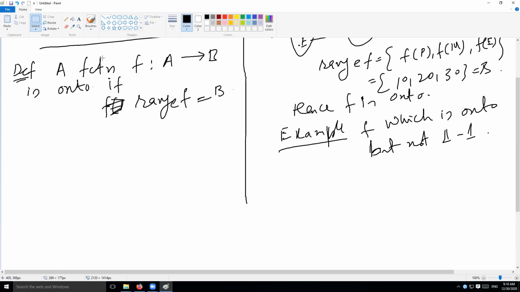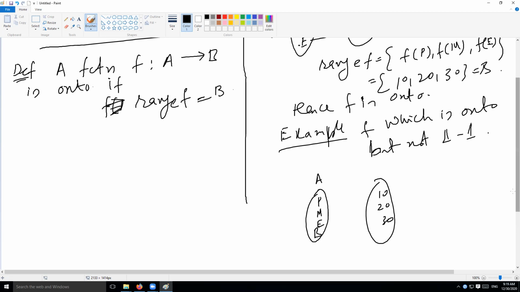One thing that can be done, Sir, is a constant function. A constant function can be, yes. Or you can also think of P, M, E, and 10, 20, and 30, and maybe let's put biology as well.